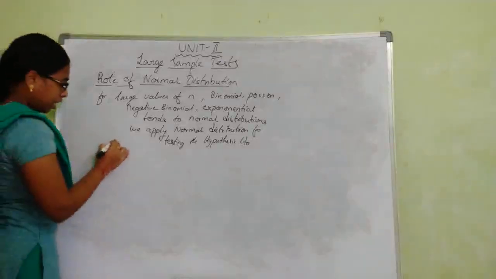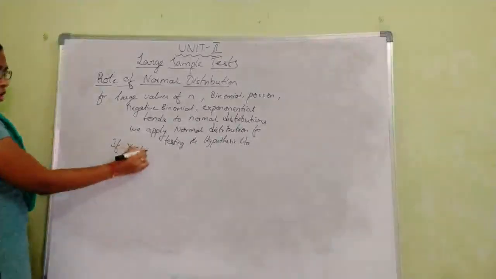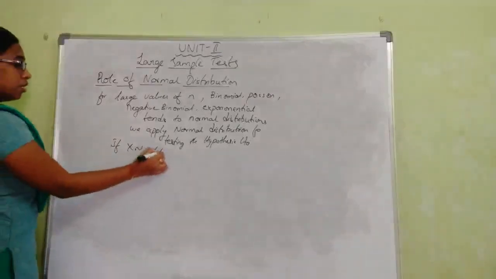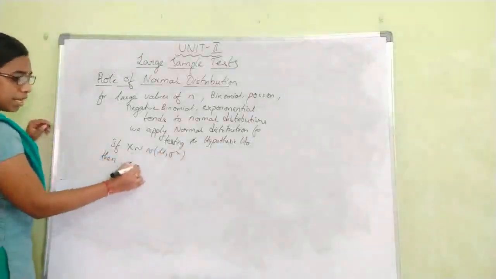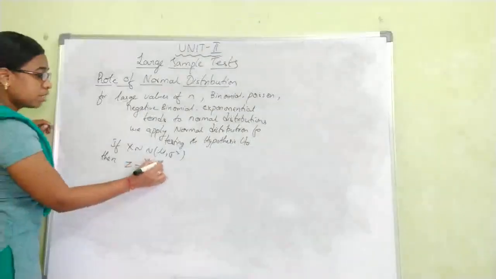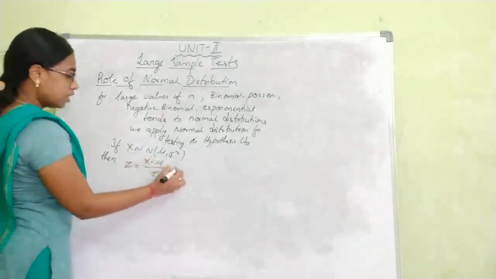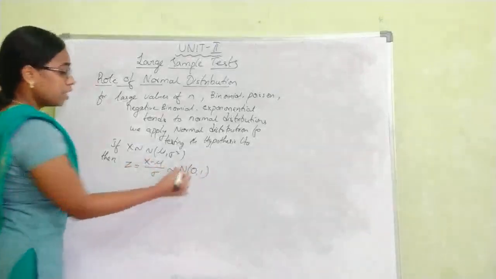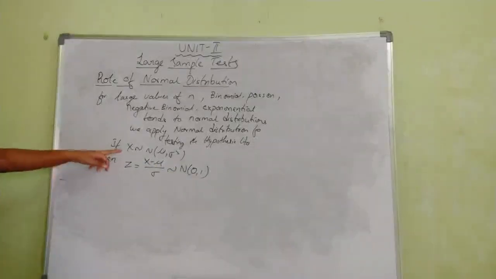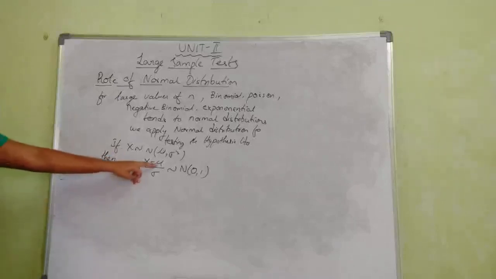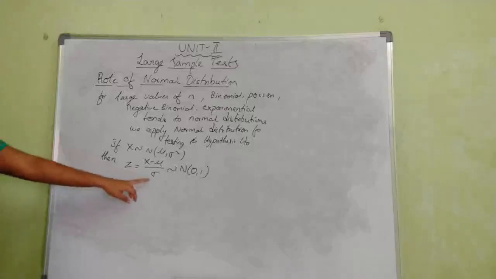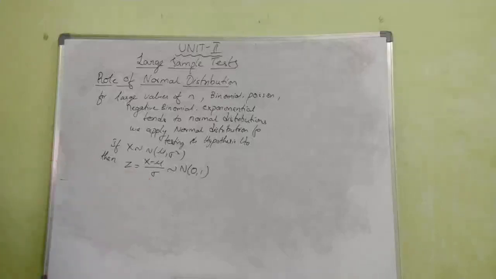So we know that if x follows normal with mu comma sigma square, then the standard normal variate Z equals x minus mu by sigma follows the normal distribution with 0, 1. So here x is a normal variate, Z is a standard normal variate. Mu is the mean, and sigma is the standard deviation or standard error.